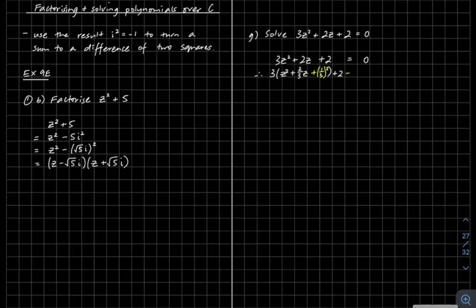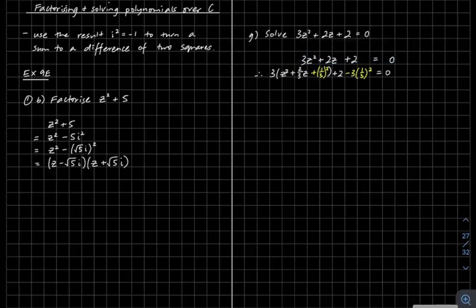But when I do that, I've got to remember that I haven't actually just added 1/3 squared. I've actually added 3 times 1/3 squared. So when I go to subtract, I need to be subtracting 3 times 1/3 squared. And that's still equal to 0. Let me move this over a little bit just to line up my equal signs.